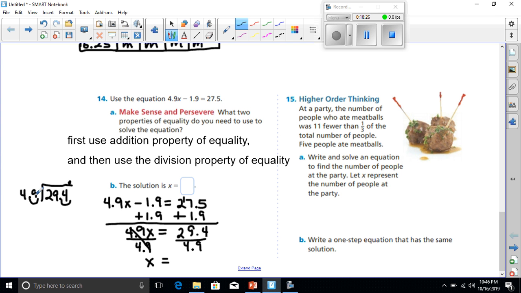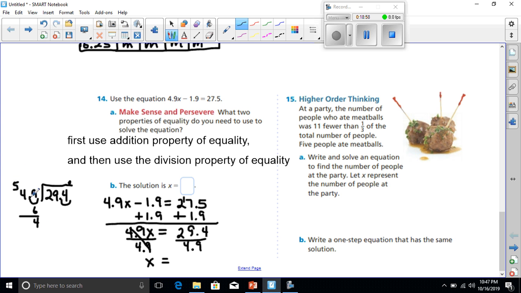Well, I know that 4 times 5 is 20. 4 times 6 will be 24. 4 times 7 is 28. But I'm going to go with, I think, 6. There's a reason for that, because I know 9 times 6 equals 54, and this ends in 4. So I'm hoping I get lucky here.